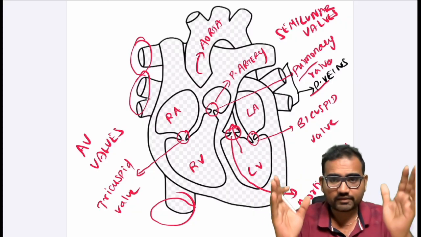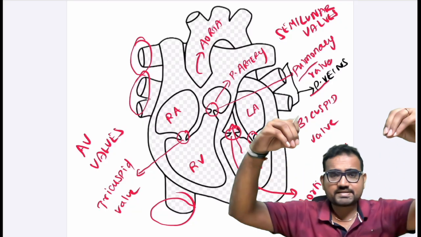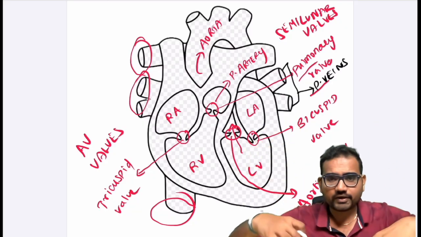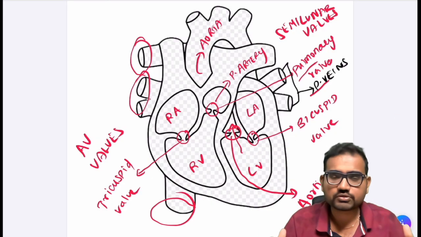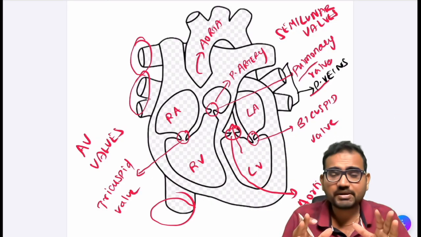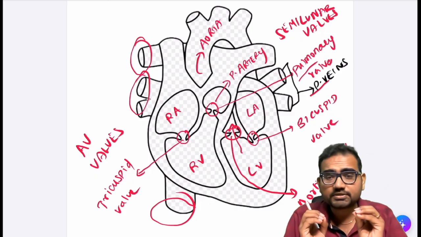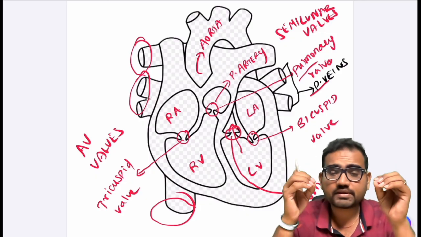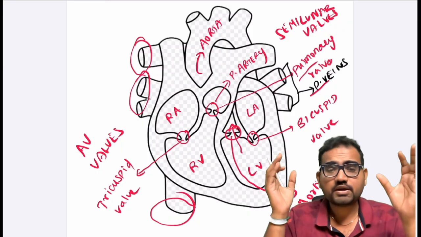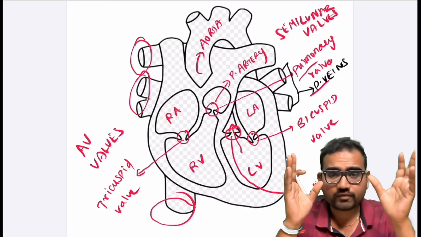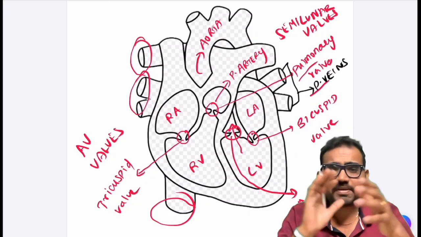No, it is one way. When I say the blood enters from the atrium to the ventricle, it is from both the right and the left atrium. The blood enters the right ventricle and the left ventricle. Similarly, when I say the blood enters the arteries, it enters the pulmonary artery and the aorta through the pulmonary and aortic valves. So the valves are open one way. This is the very basics of the heart.